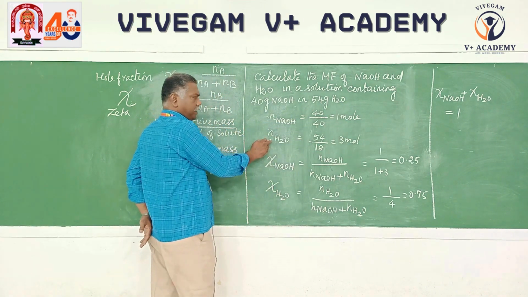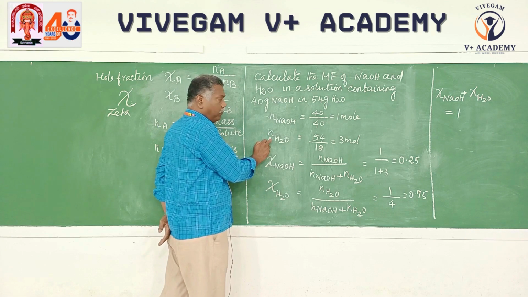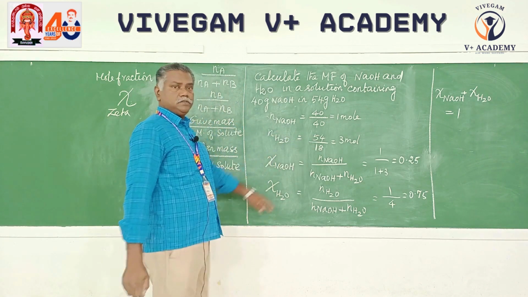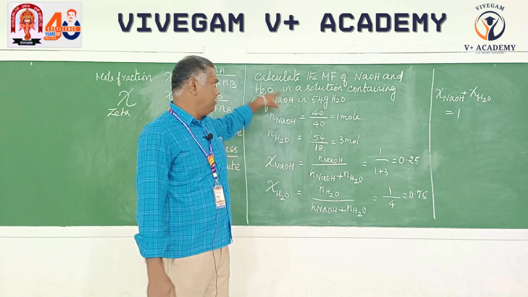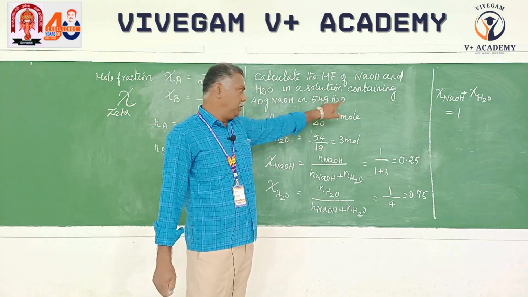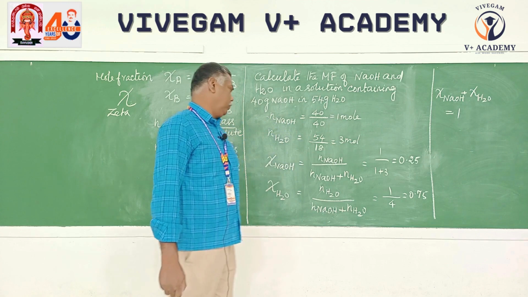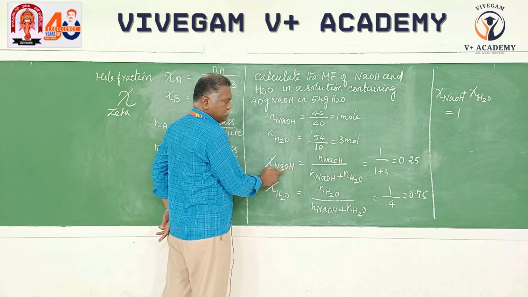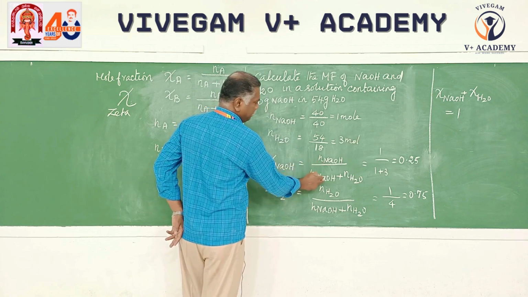In the same manner, number of moles of water is equal to 54 divided by 18. What is 18? Molar mass of water. 54 is given in the problem. Therefore, we have 3 mole. Next, final step, mole fraction of NaOH is calculated by using the formula.